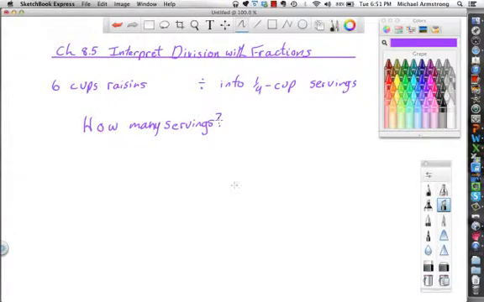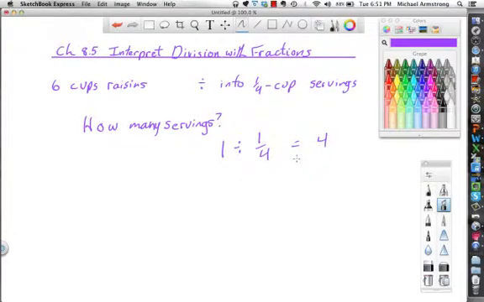Okay, and then there's a question on there that says how many 1/4 cups are in 1 cup? So if you had 1 cup and you divided it into fourths, how many would there be? So 1/4 cup servings in 1 cup. That's kind of like 1 divided by 1/4. And we know if we take 1 cup and we cut it into 4 pieces, we have 4.